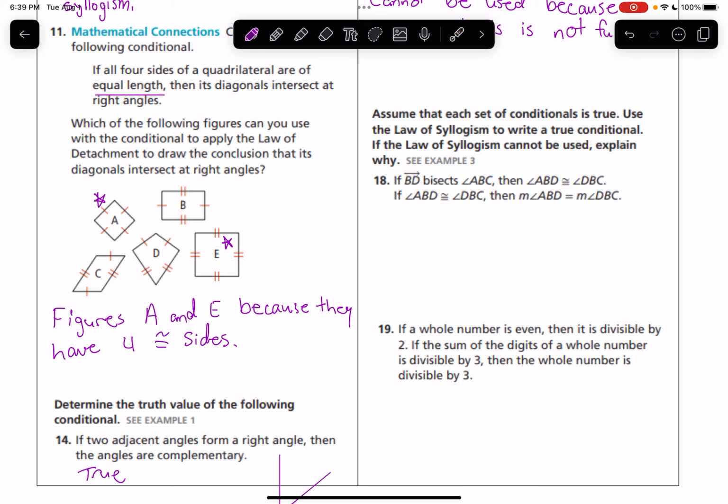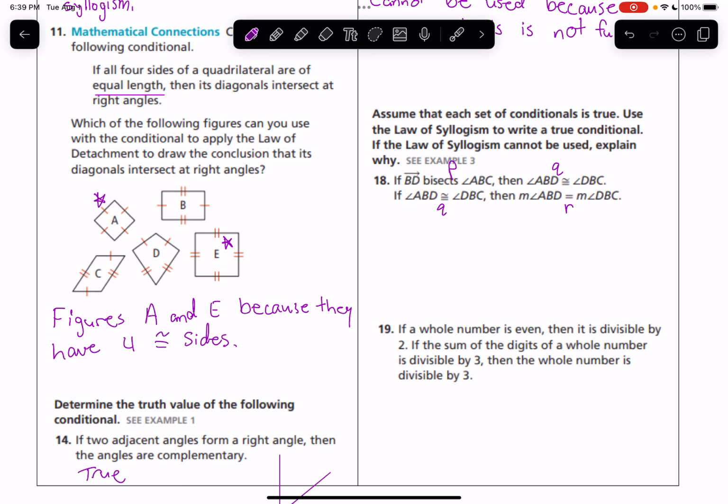If P, then Q, and then the next sentence uses the same statement as the conclusion in the first one, then R. That means we can use the law of syllogism, connect them together, and drop that middle statement.